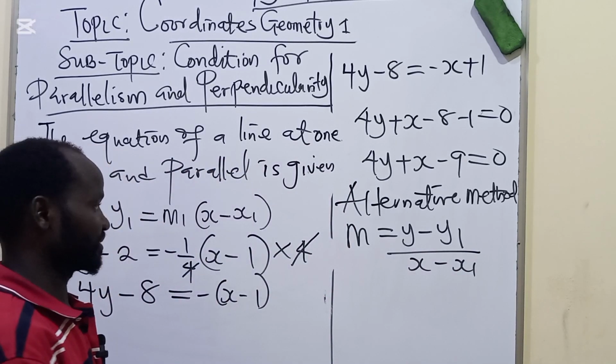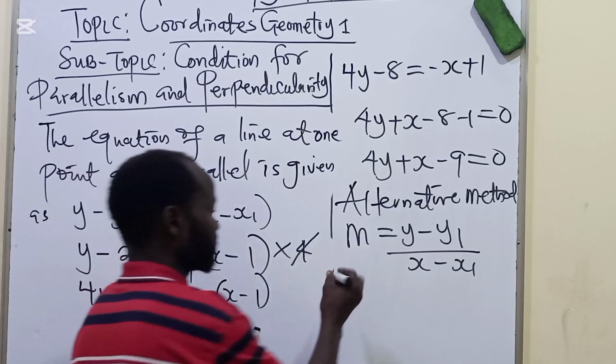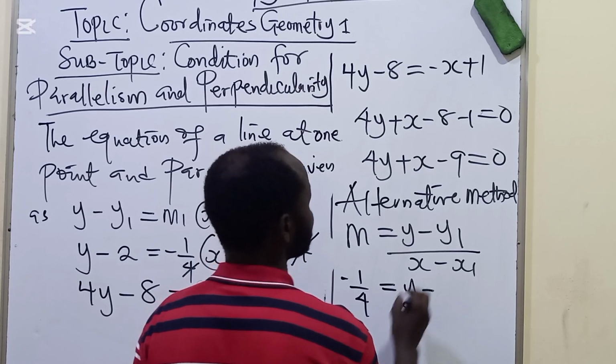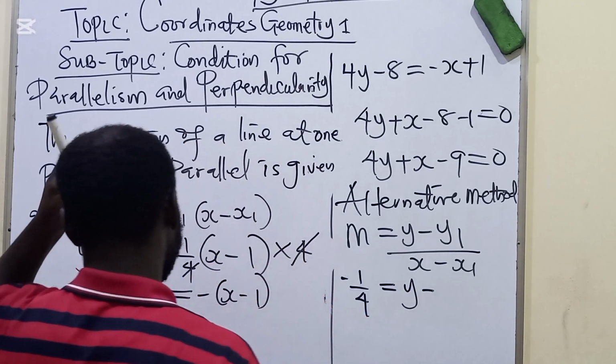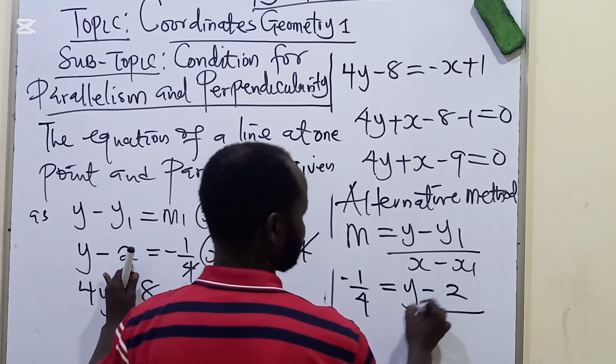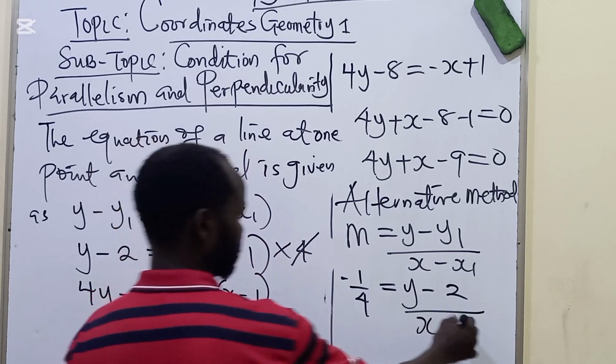Very important method. And we know our m, that's the slope, as minus 1 over 4. That will now be equal to y minus our y1, which is 2, divided by x minus our x1, which is 1.